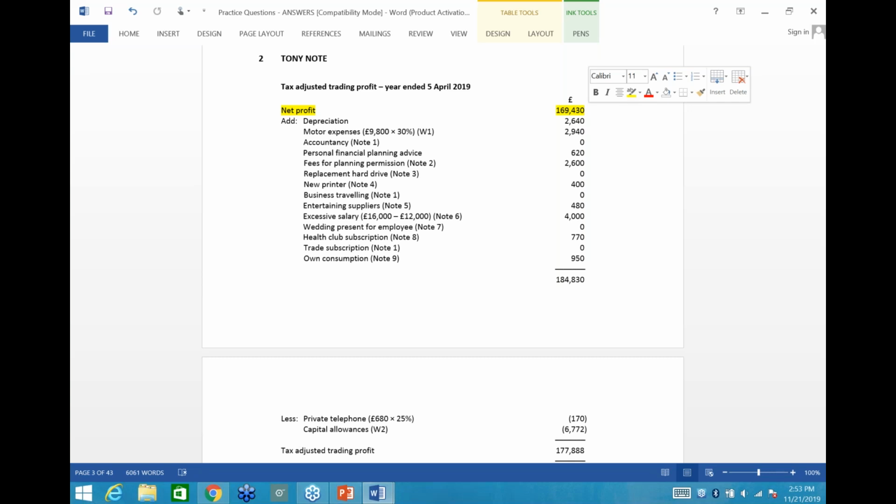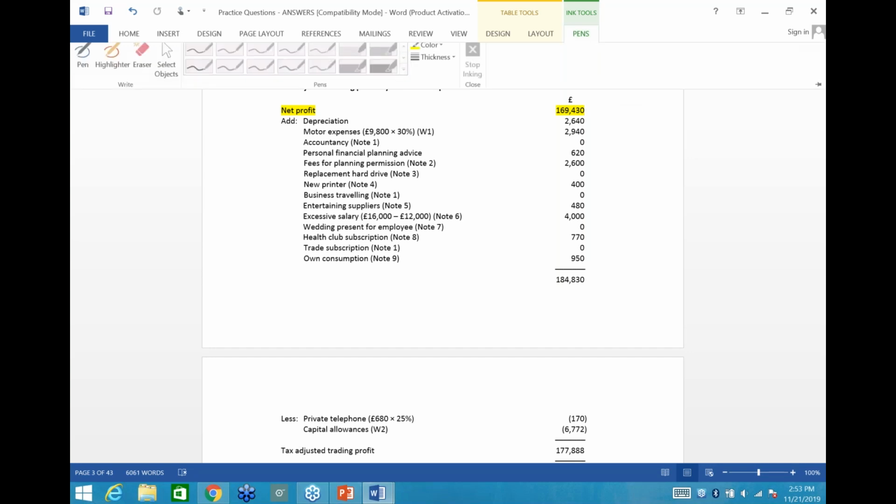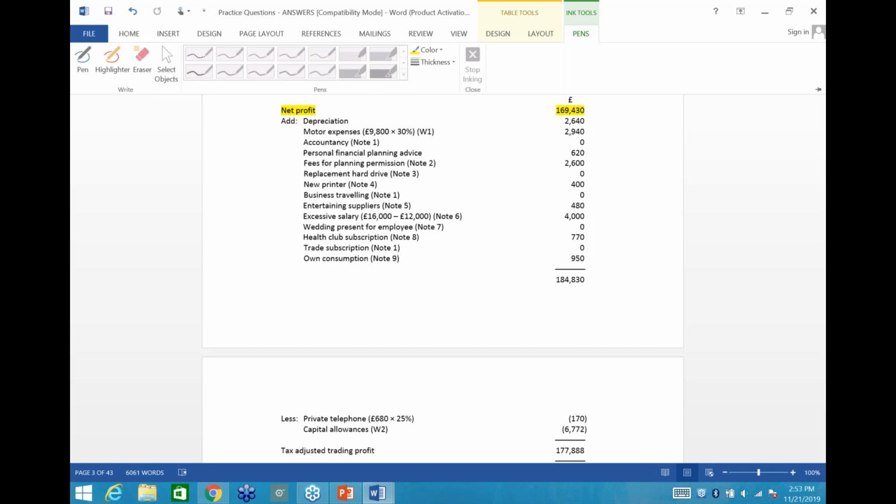What we have to do is go back to the question and see how Tony Note has run his business, is self-employed running a music shop. So it's a music shop. Be familiar with the nature of the business as well. Sometimes it might be useful.